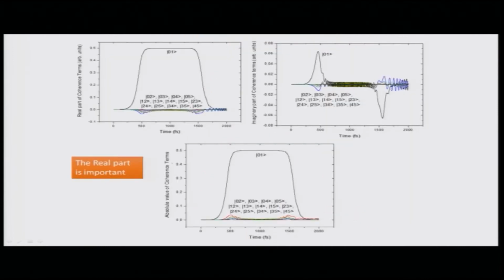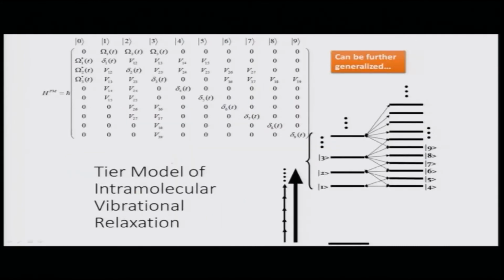In these kinds of cases, it is important to find that the real part is important, as we can see the off diagonal elements to understand how the coherence of this entire process is going and working.